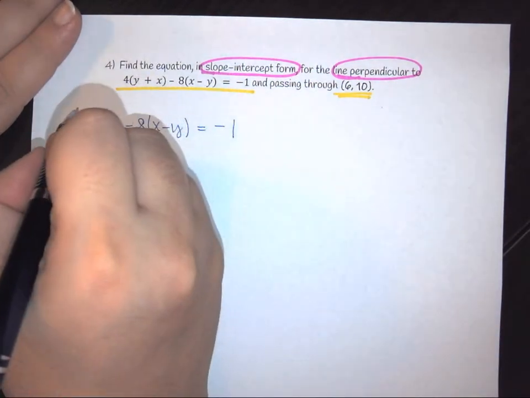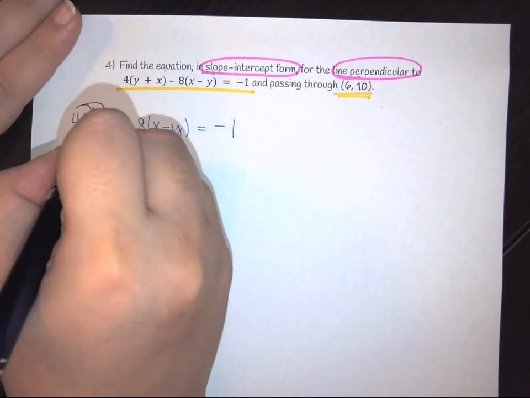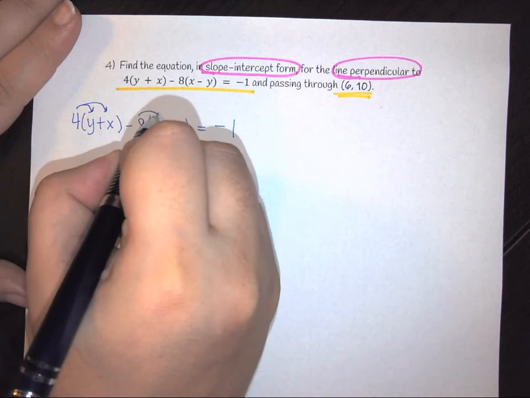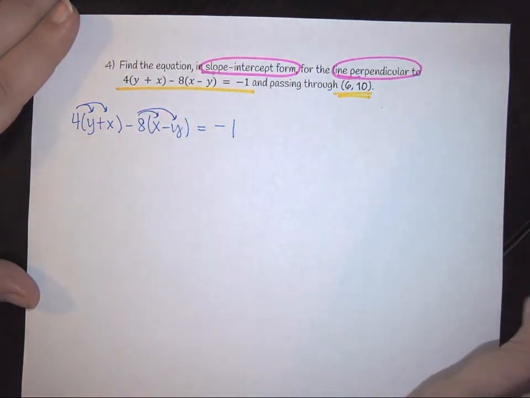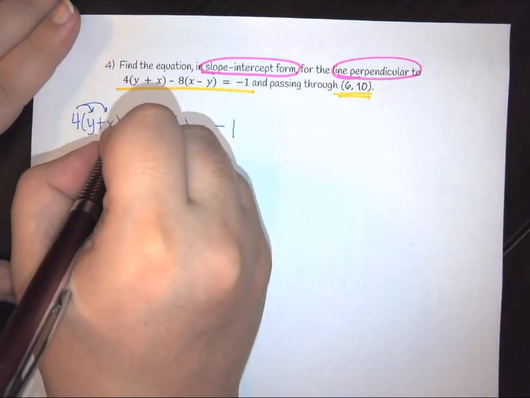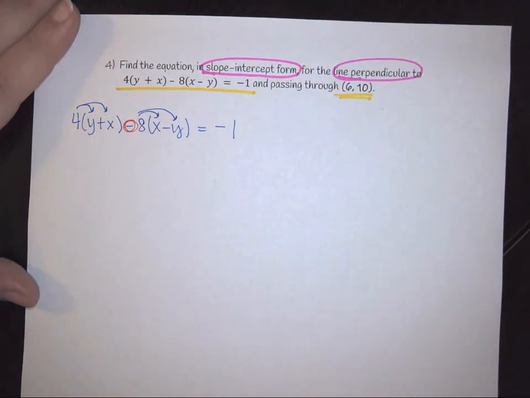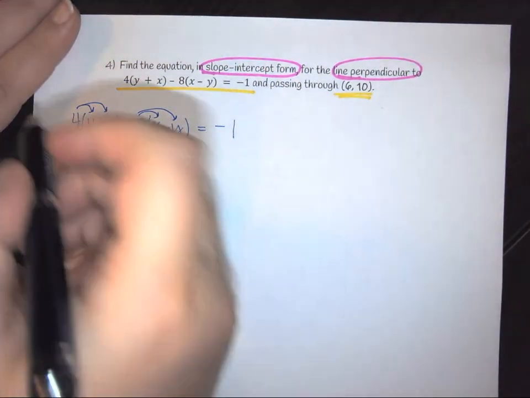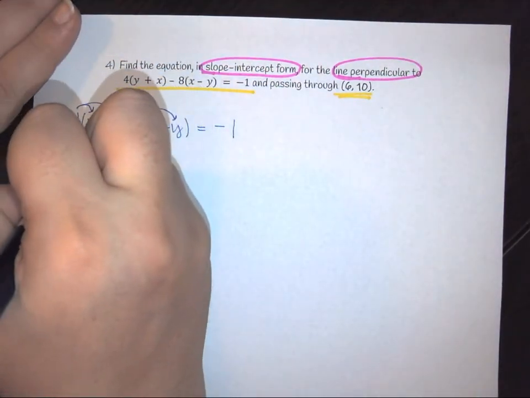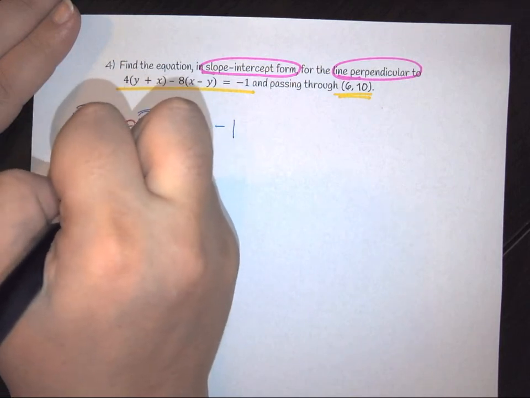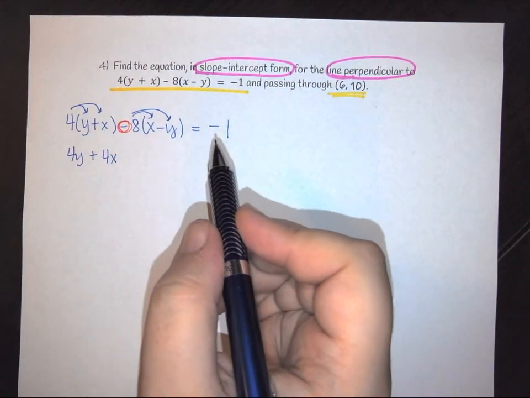We need to distribute, so you're going to distribute through into both parentheses, and here you need to make sure not to forget your negative. So in the first one, we're going to have 4y plus a 4x, and then distribute negative 8.